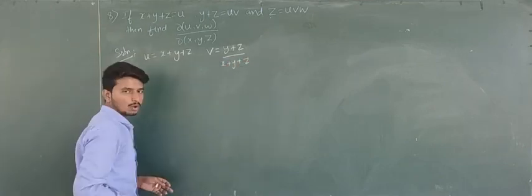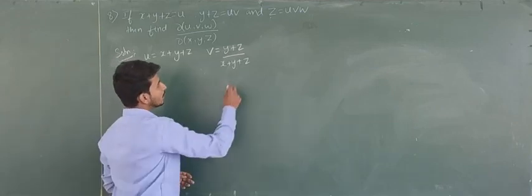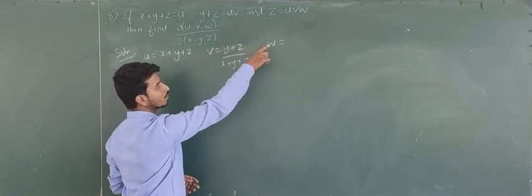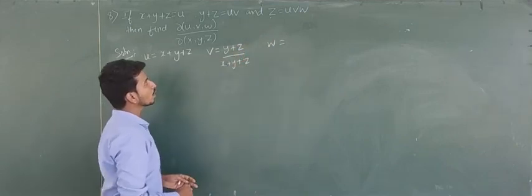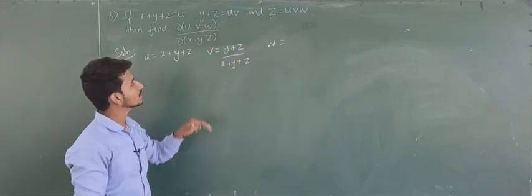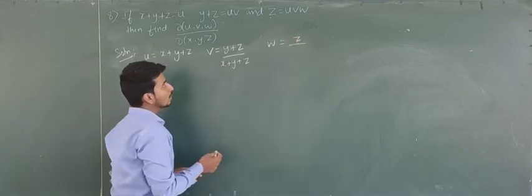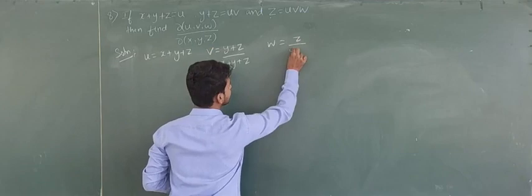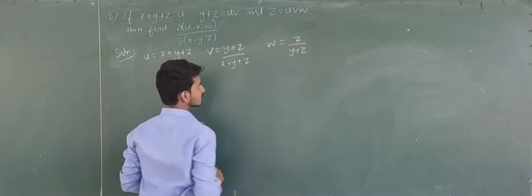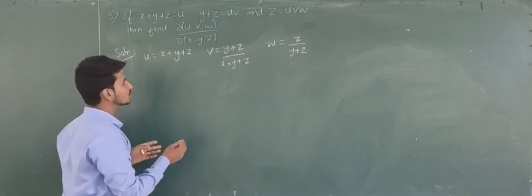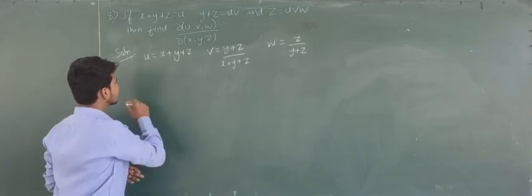Next we want the value of w. Then w equals z divided by uv. Here uv is nothing but y plus z, so w is z divided by y plus z. Now we have to differentiate these partially with respect to x comma y comma z.